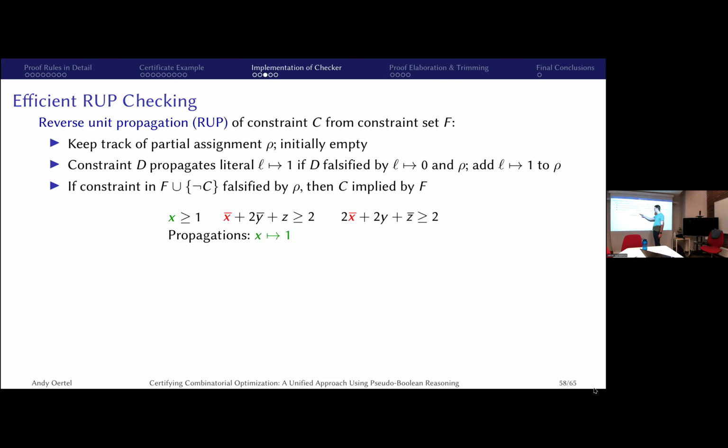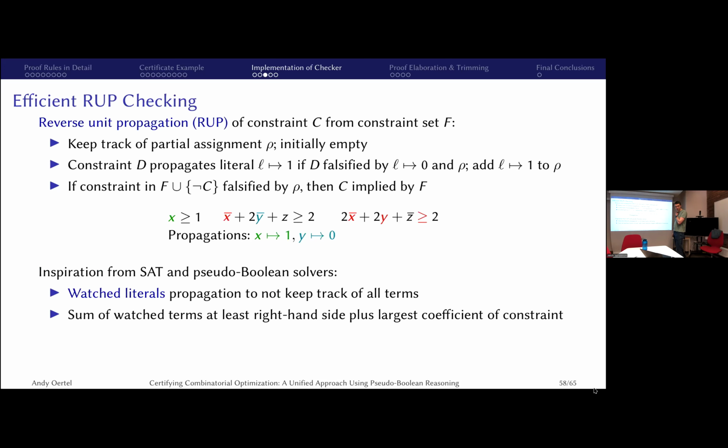And so we take 2 inspirations to make this efficient. First, we use watched literal propagation, which is inspired from SAT solvers and pseudo-Boolean solvers, to not keep track of all the terms when values change, to not look at a constraint every time variables are assigned, but only keep track of enough literals of this constraint to detect any propagation.